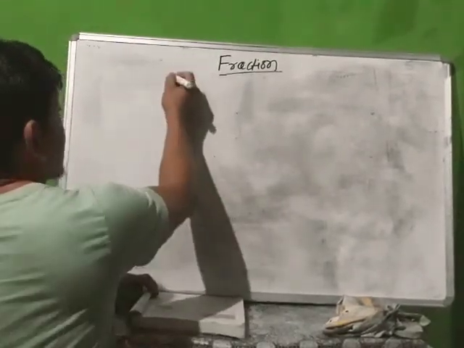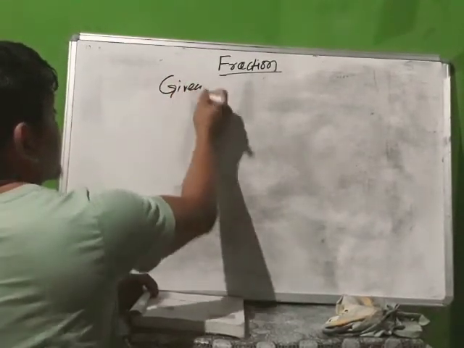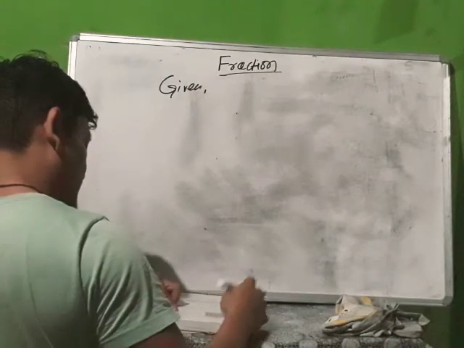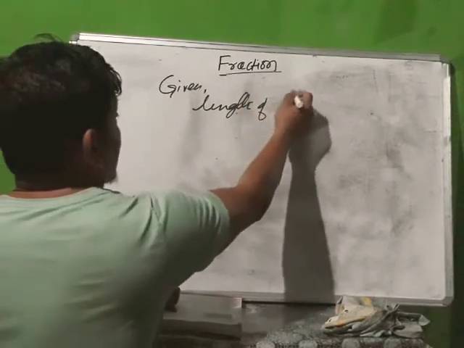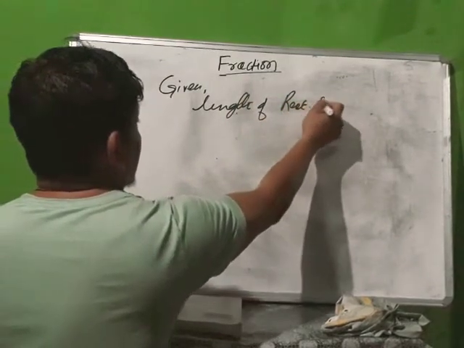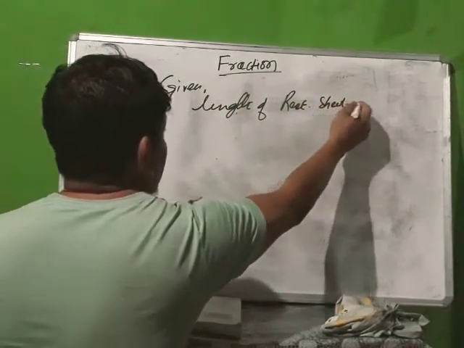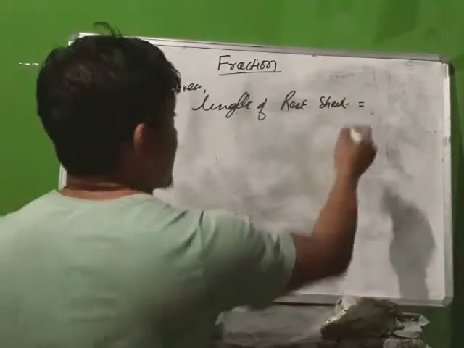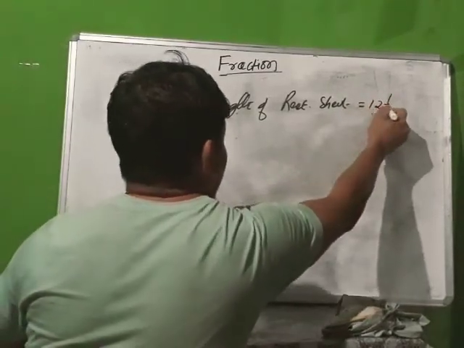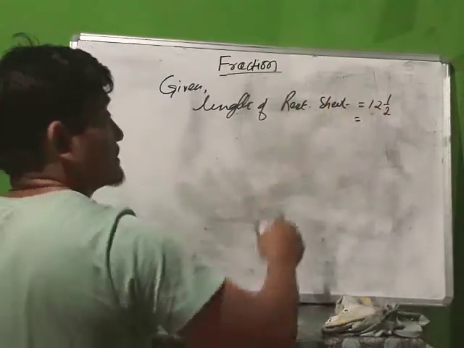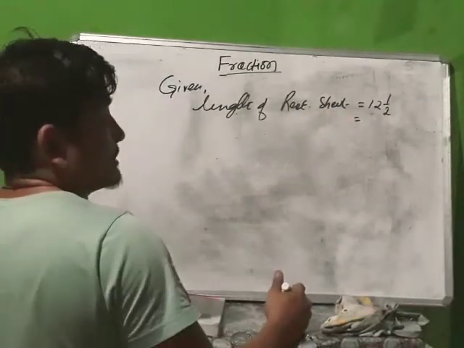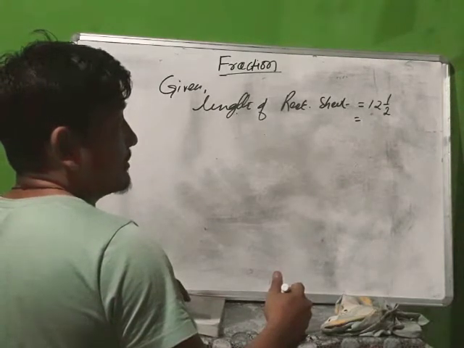First, you just have to write the given. What is given there? The length. So you can write length of a rectangular sheet. How much is it given? It is given 12 1 by 2. It is in the form of a mixed fraction, so you can convert this into an improper fraction.